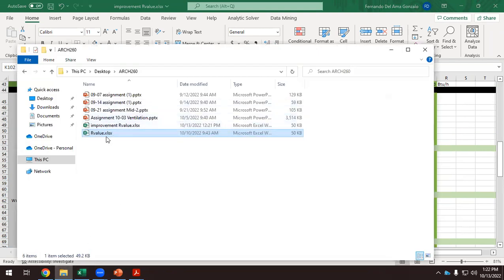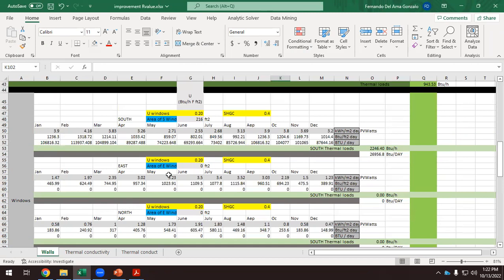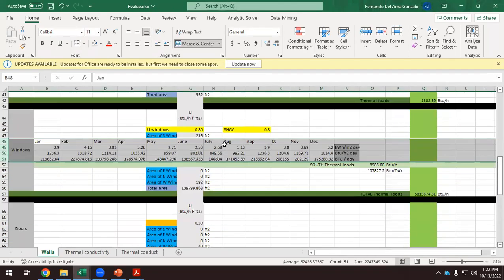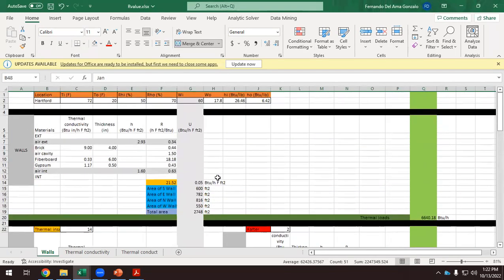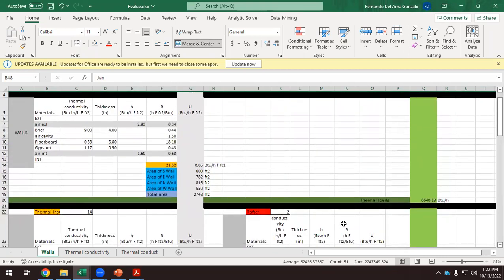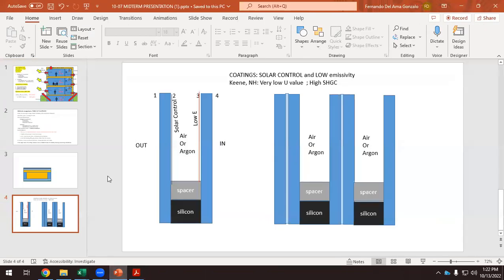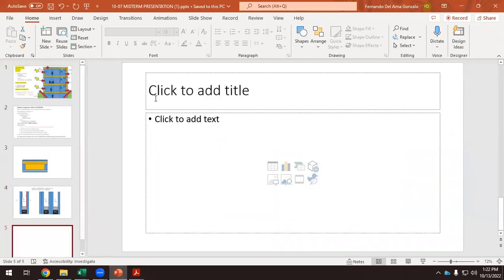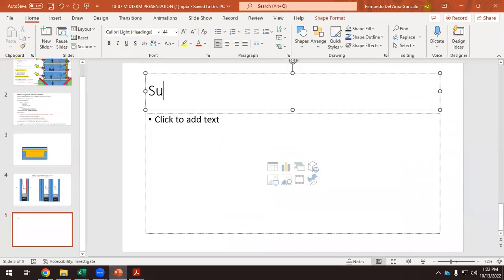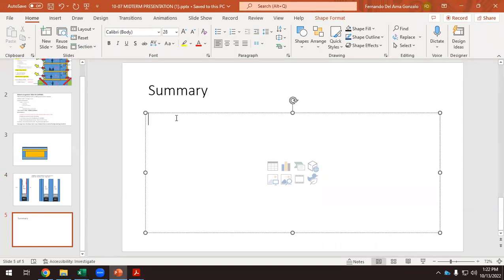So I have to open 2 different files. I have this one without any improvements, and now on the PowerPoint, the summary is first the current state.